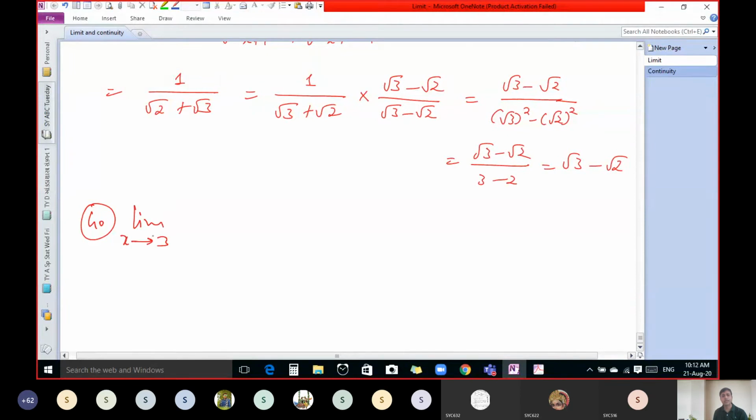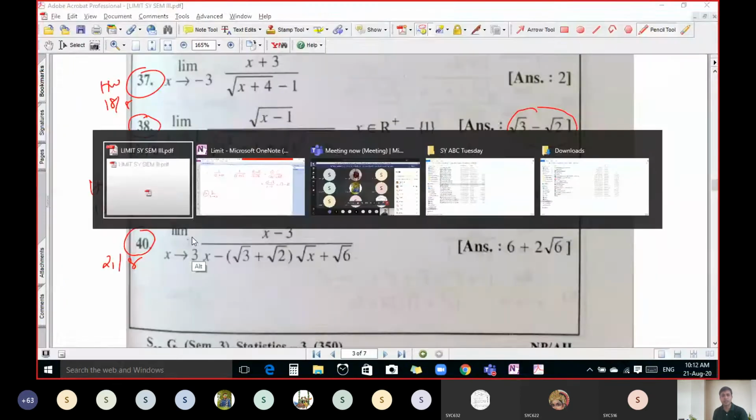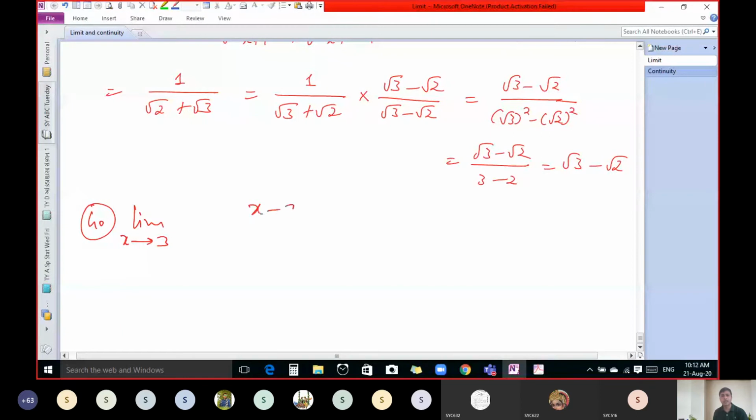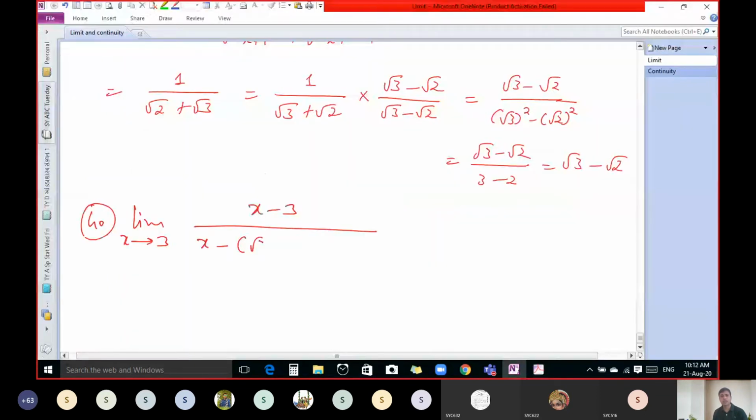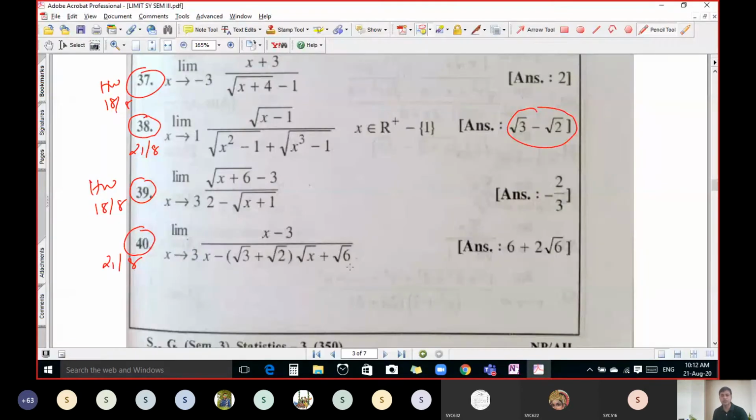Limit x tends to 3, in numerator x minus 3 and in denominator x minus root 3 plus root 2 into root x plus root 6. This is the question.